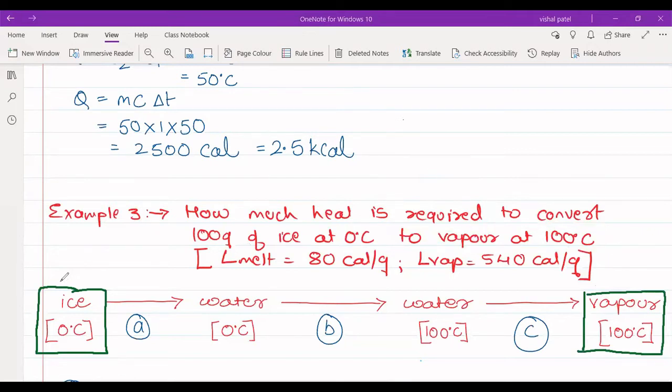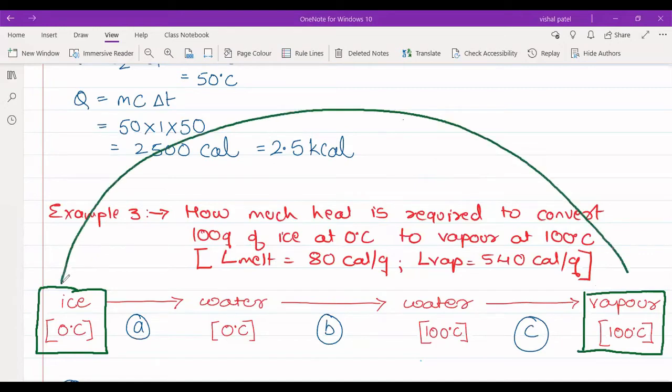Ice at 0 will not directly convert to vapor at 100.